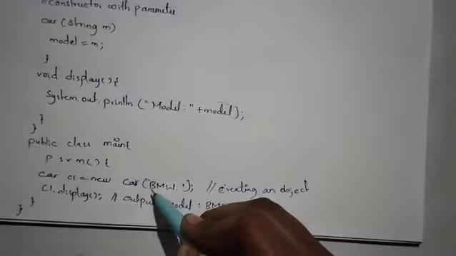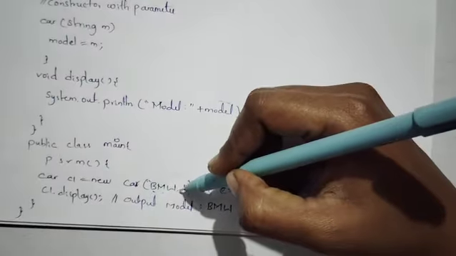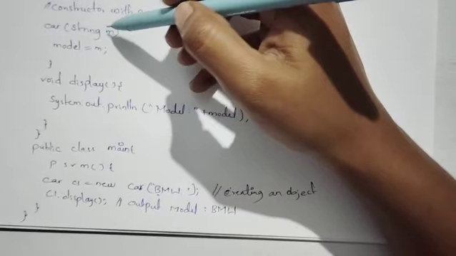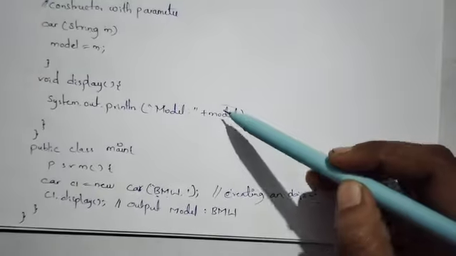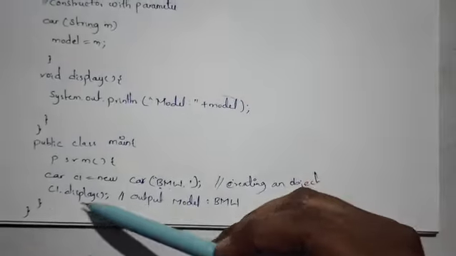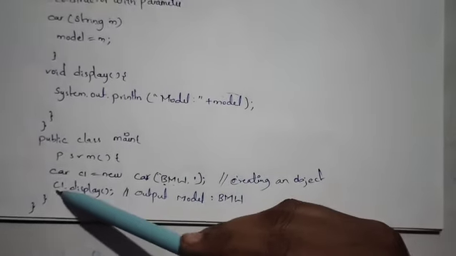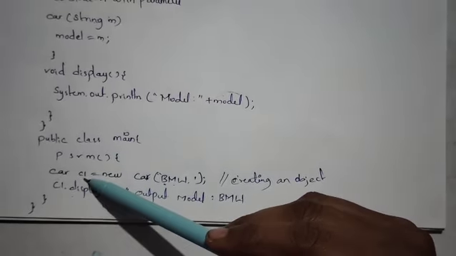Here BMW is the model, and this argument is passed to the constructor. By using this argument, the value will be used here. Now the statement will be printed as "model BMW" when you call the method by using this object.